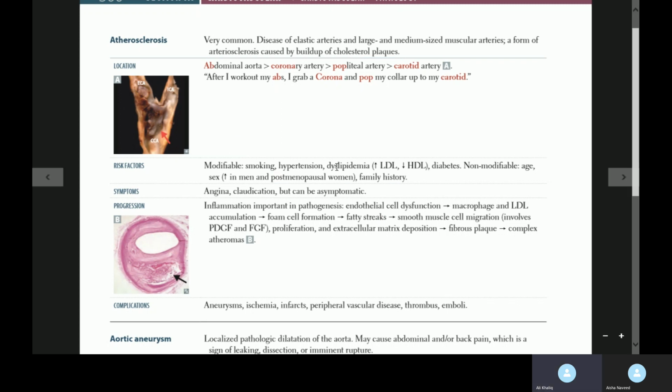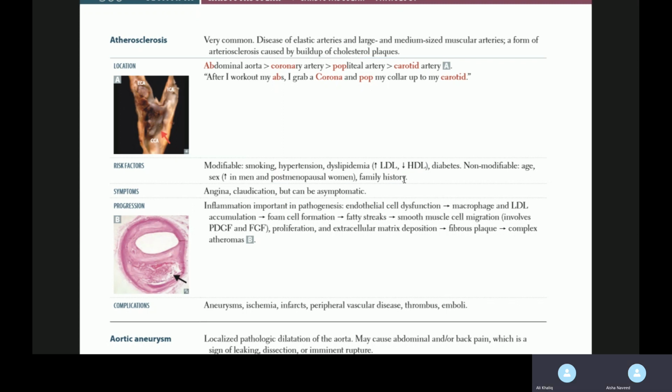Now you will say dyslipidemia. No, dyslipidemia can be congenital, and dyslipidemia can be in someone who eats too much lipid. I'm talking about why they haven't separately mentioned obesity. Maybe you can control it with exercise. But if it was controllable, then they would have written it in the modifiable list.